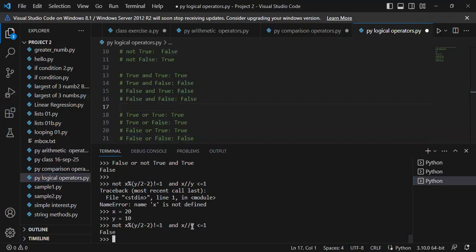Here, 20 divided by 10 gives 2. Is 2 less than or equal to 1? No, so this is false. What you have on the right-hand side of the AND operator is false, so whether this side is true or false, the answer must end up being false. Is that understood? Do we understand that?